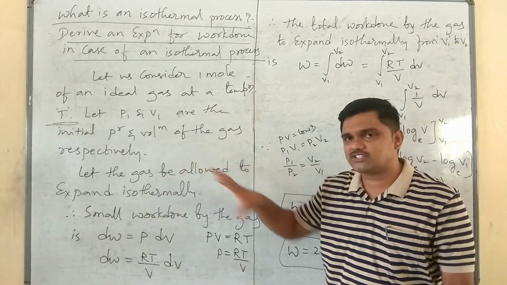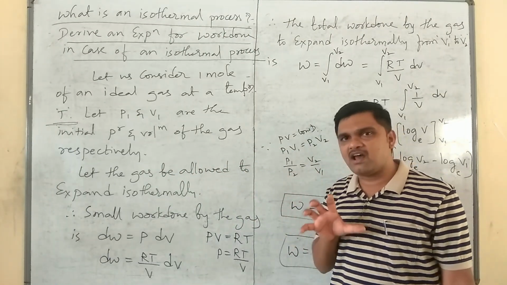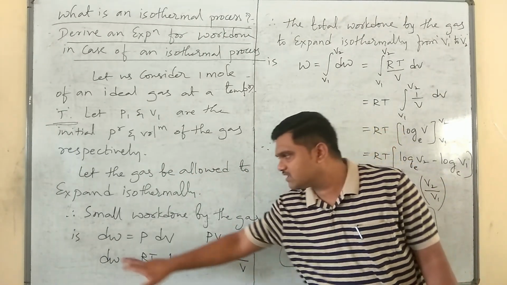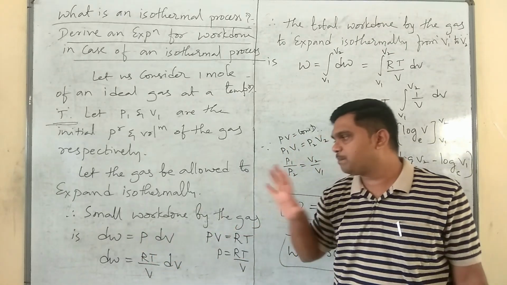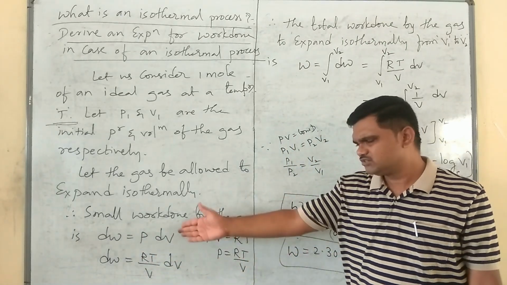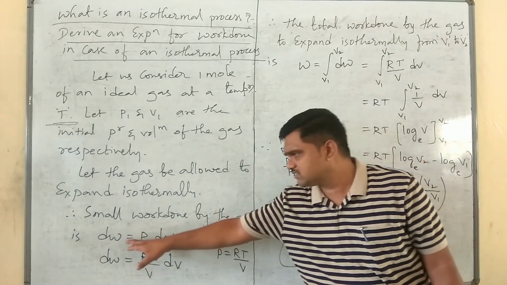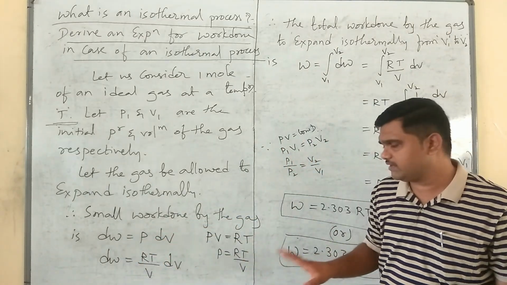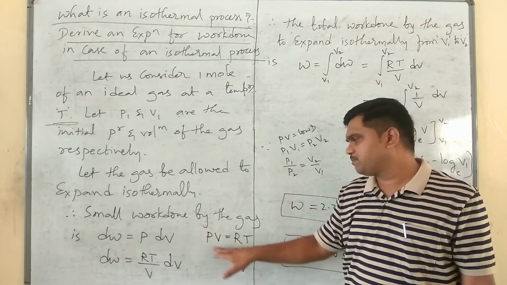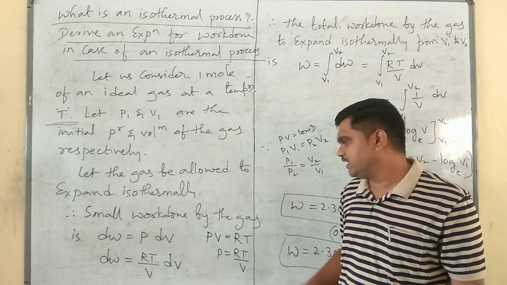When the gas expands isothermally, the small amount of work done by the gas is given by dW is equal to P into dV. I have already shown how dW is equal to P into dV. For an ideal gas, PV is equal to RT for 1 mole of an ideal gas.